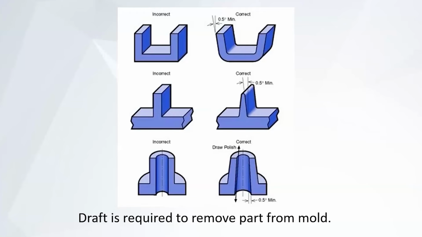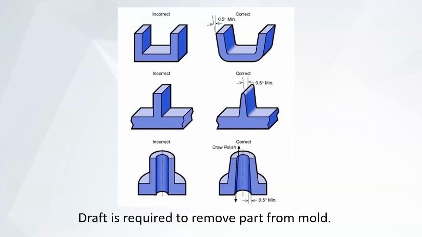Another thing that's required for an injection molded part, in order to be removed from the mold, let's assume whether it's a simple pull mold or a mold with side actions, to be able to remove the part easily, you have to add what's called draft. And draft is just a very slight 2 to 3 degree angle that you put on the walls that are vertical and parallel to the direction of the pull of the mold.